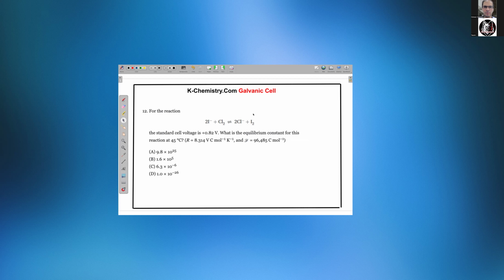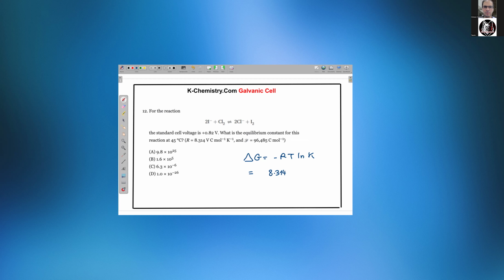Delta G is equal to negative RT ln of K. What is R? 8.314, right?